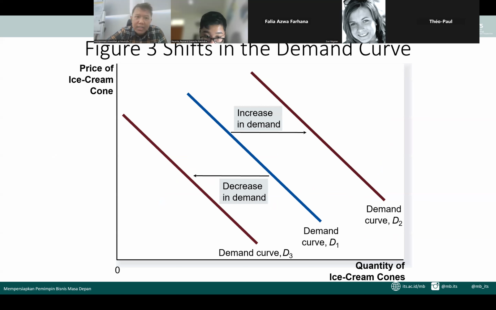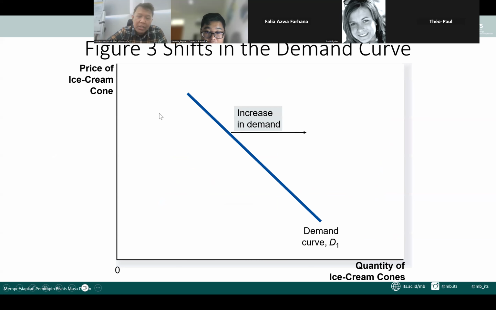Yeah. So this is the shift, guys. If there is a change in a certain aspect which makes the demand increase, then it will shift to the right. So when it moves to the right, it means that we have an increase in demand.